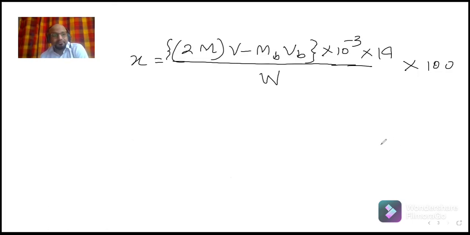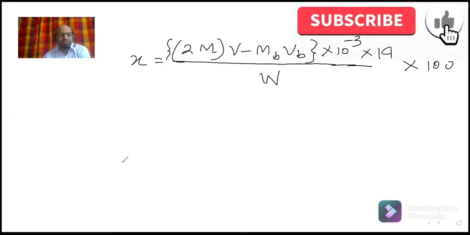Now guys, think: in place of H2SO4 some other acid is given, or in place of NaOH some other base is given. Then in that case you need to do some modification in the equation. And what will be the modification? Let me explain that.